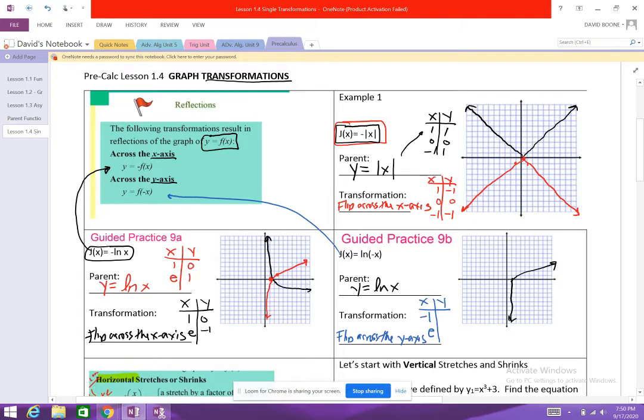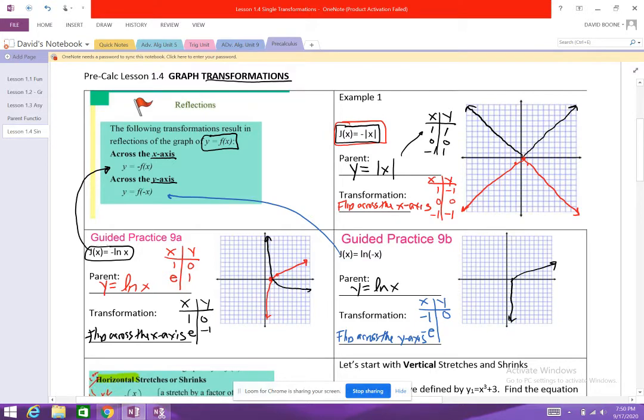So if we put a negative 1 and a negative e in, we'll look at what the answer is. Negative 1 put in for this x would be positive 1, natural log of 1 would be 0.